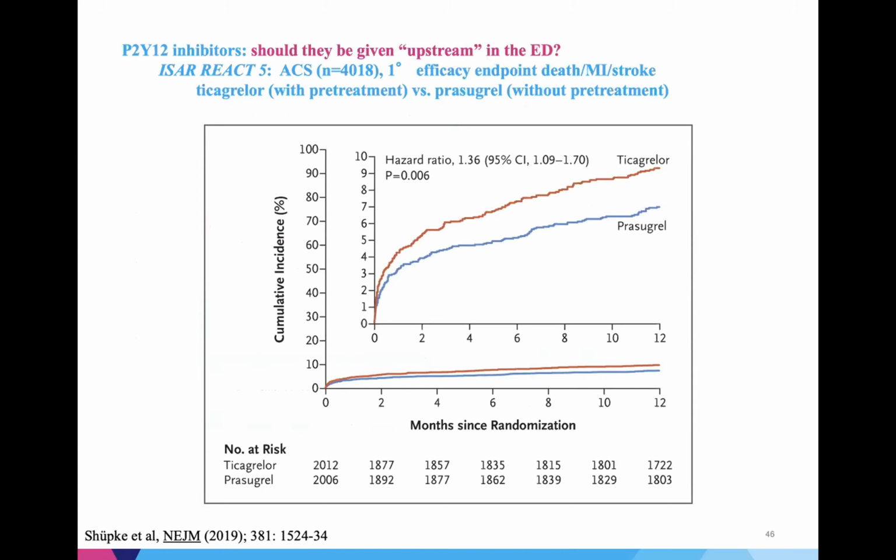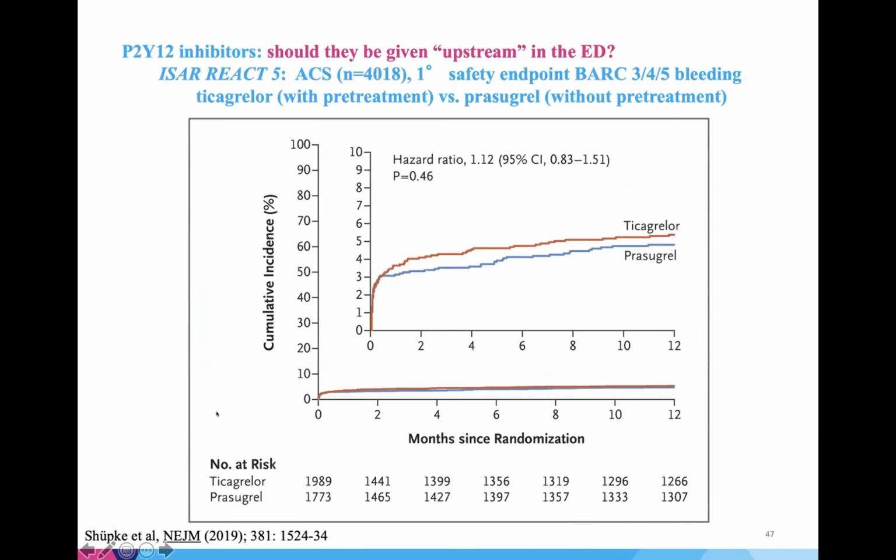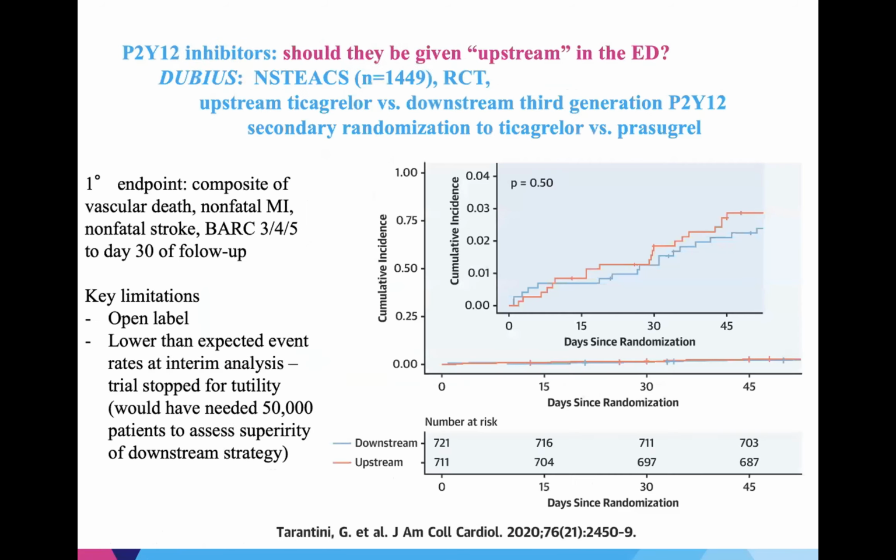This was one study in focus called the ACUTE trial, looking at upstream loading with prasugrel in NSTEMI. There was no apparent benefit for ischemic events, but there was an excess risk of bleeding with the early prasugrel. This is a comparison of prasugrel with no preloading versus ticagrelor with preloading in a study called the ISAR-REACT 5 study.